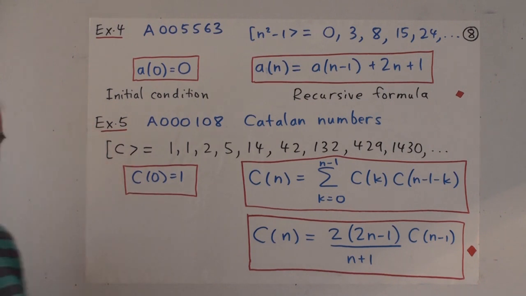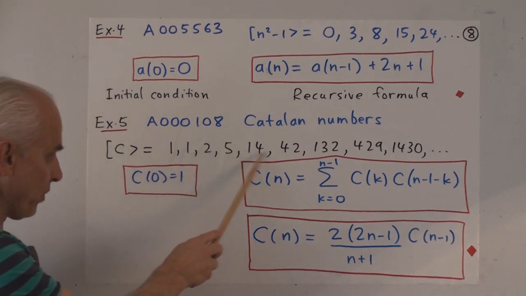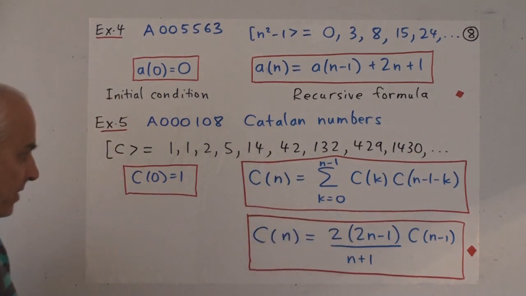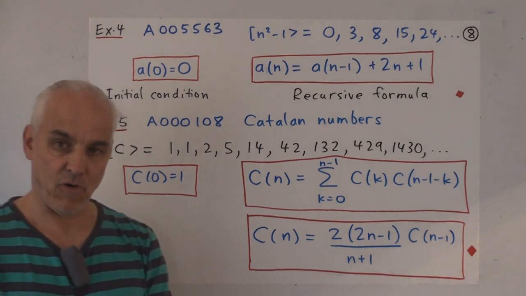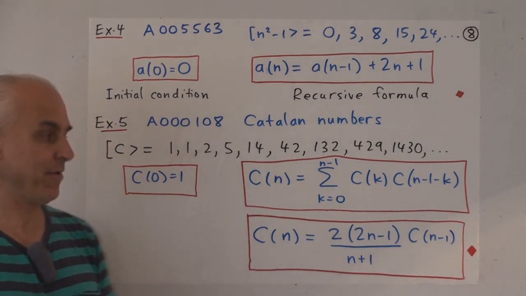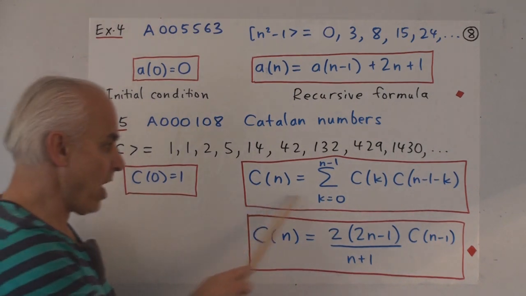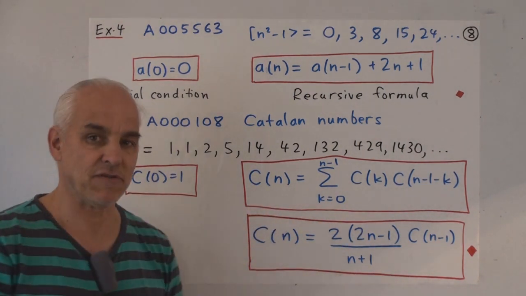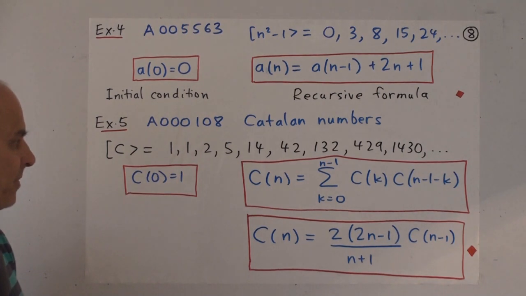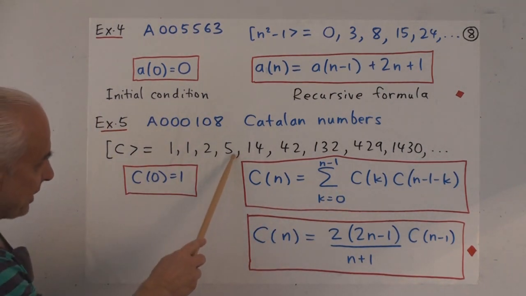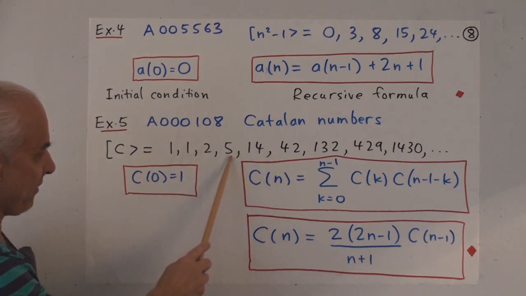The famous Catalan number sequence that we've talked about, 1, 1, 2, 5, 14, 42, 132, 429, 1430, and so on, also has recursive formulas, but more than just one. So for example, if we start with C0 equals 1, then here's one kind of recursive formula. What's the meaning of this? Well, let's say we want to calculate what follows after 5.